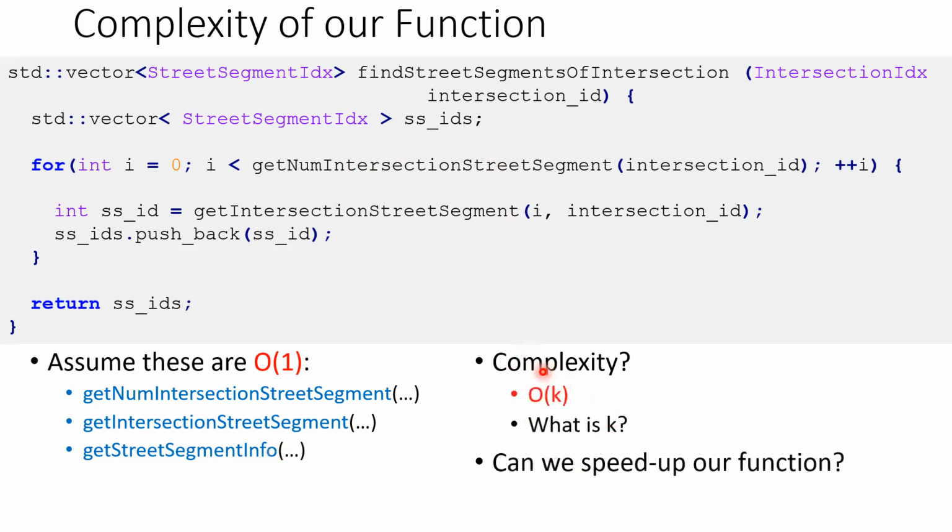So it will be O(n), or O(k), where k is the number of street segments connected to that intersection. How can we speed up this function then? Sorry, what was that?